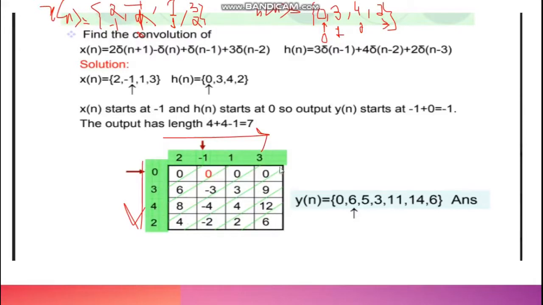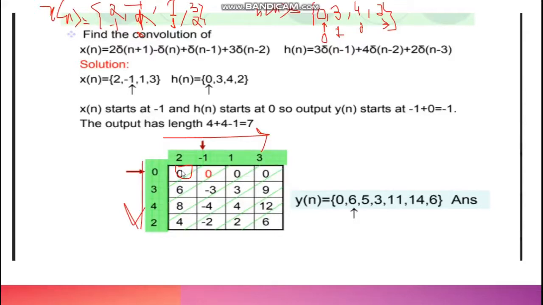Now how are the elements found? This 0 is found by multiplying 2 into 0, this 0 by multiplying minus 1 into 0, this 0 by 1 into 0, and this element by multiplying 3 into 0.